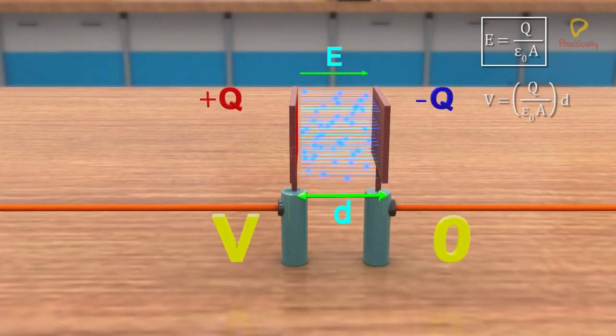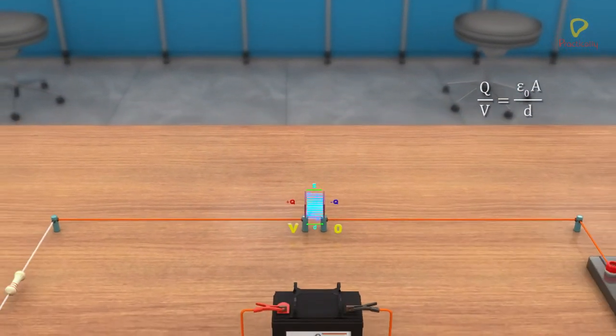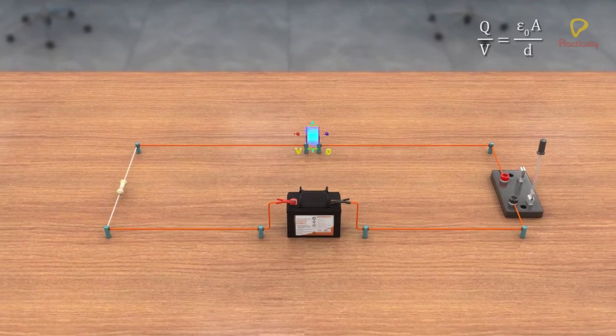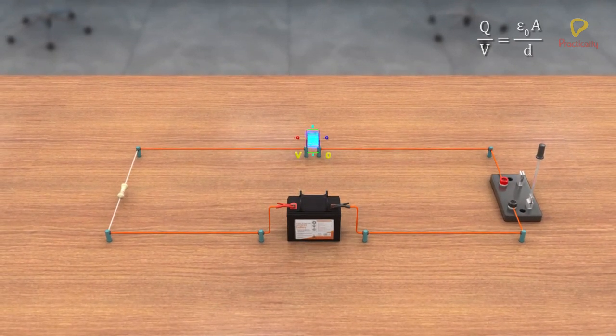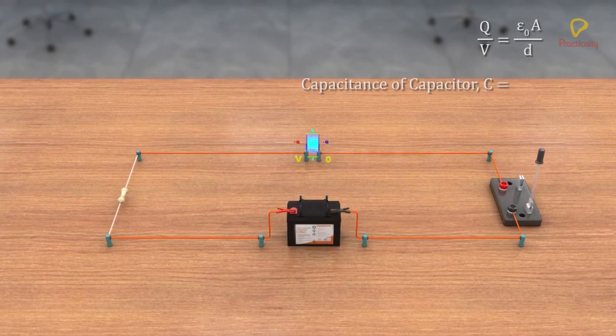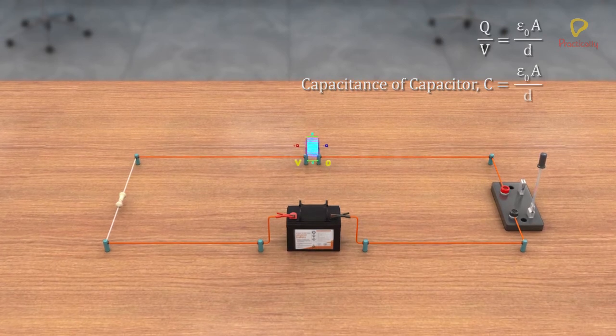Substitute E equals Q/(ε₀A). Q/V equals ε₀A/d. Q/V is nothing but the capacitance of the parallel plate capacitor. Hence, the capacitance of the parallel plate capacitor is ε₀A/d.